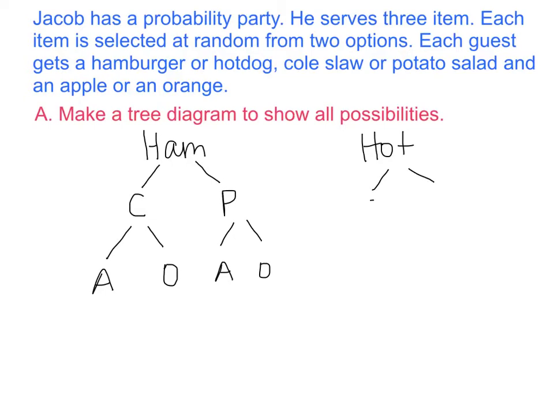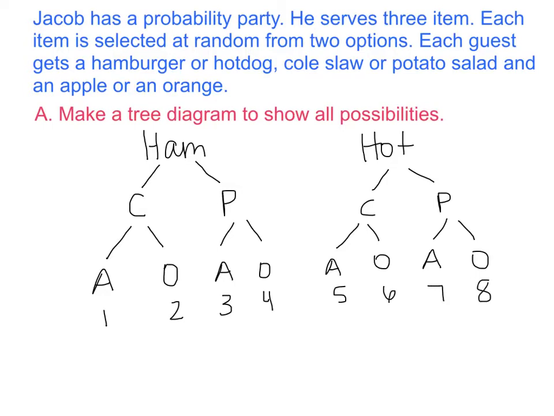You can have coleslaw or a potato salad, and then an apple or an orange. So if you look, we are going to have 1, 2, 3, 4, 5, 6, 7, 8 options of what someone can eat.